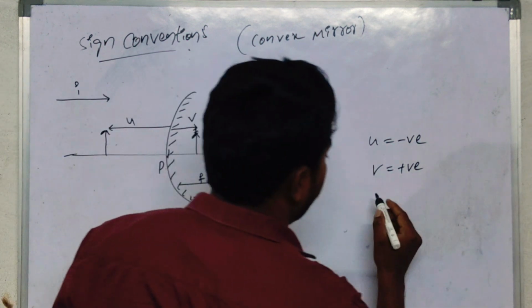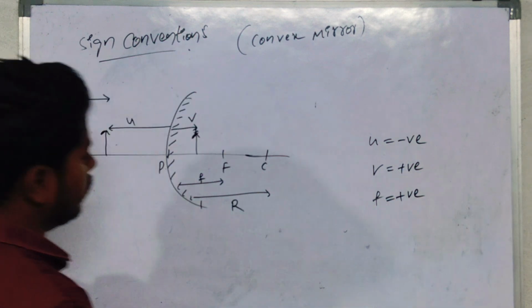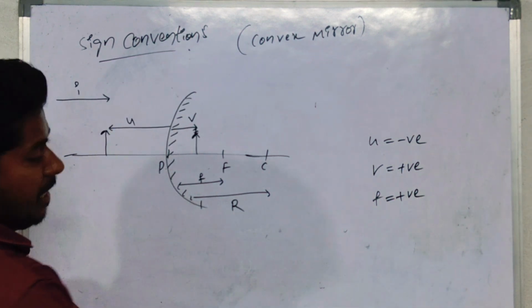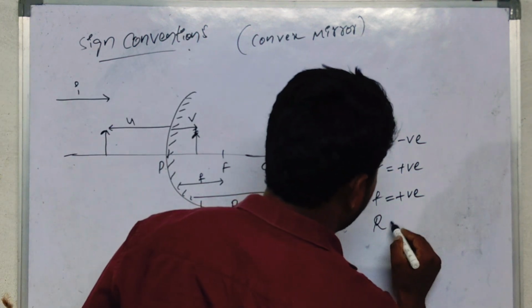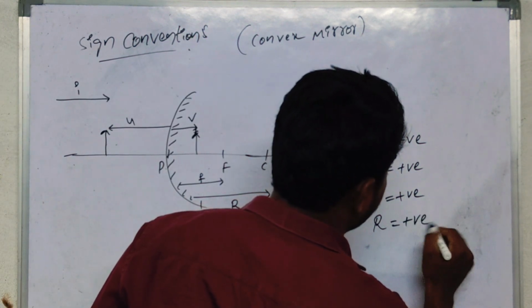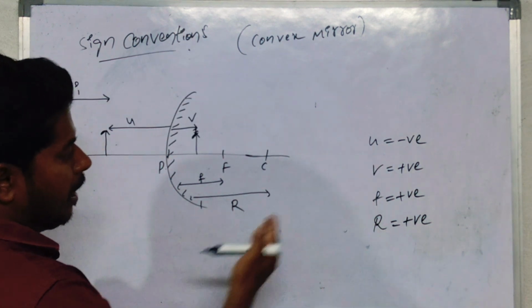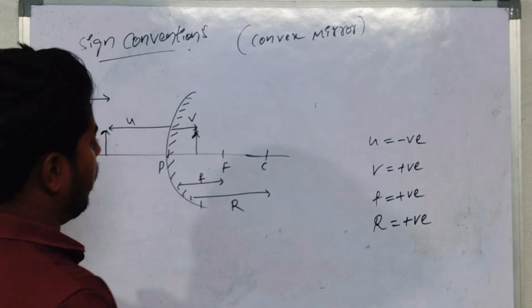So f is positive. Here the radius of curvature and the incident ray are both in the same direction, so radius of curvature is also positive. u is negative and v is positive, f is positive and R is positive.